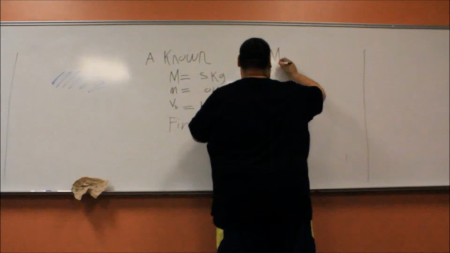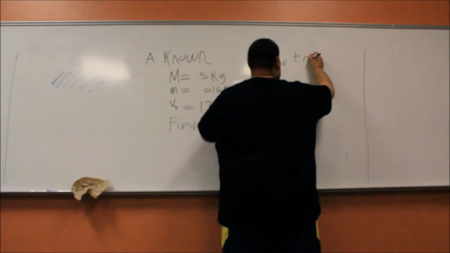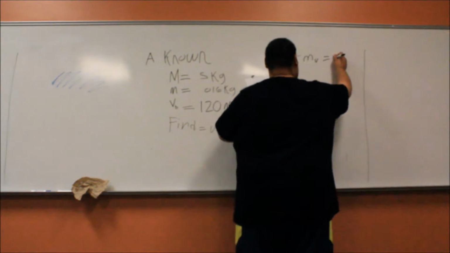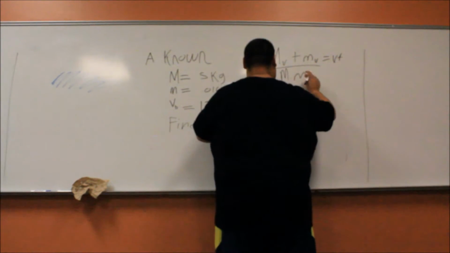Mass of the block times velocity plus mass of the bullet times velocity divided by mass of the block plus mass of the bullet equals final velocity.